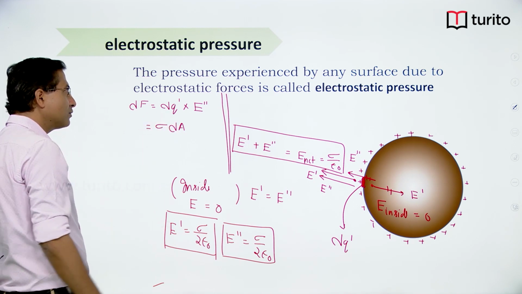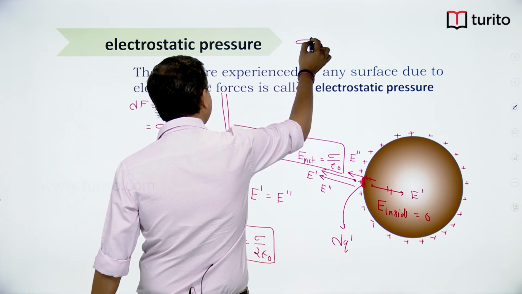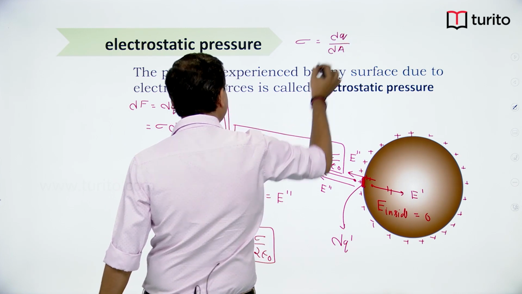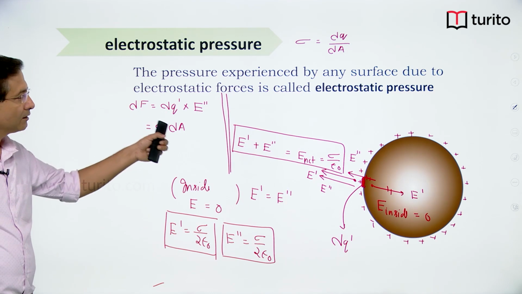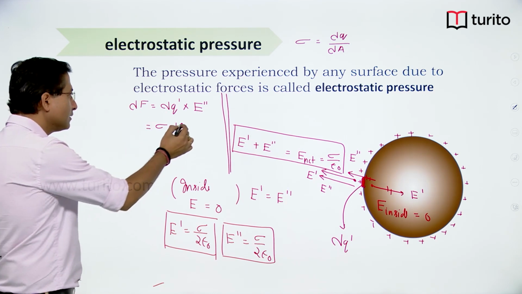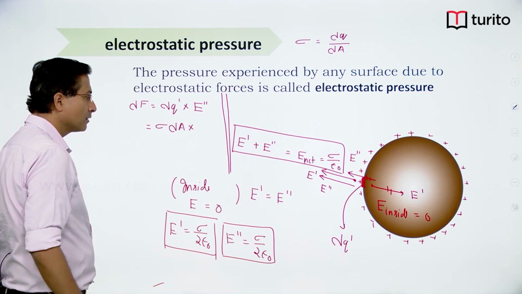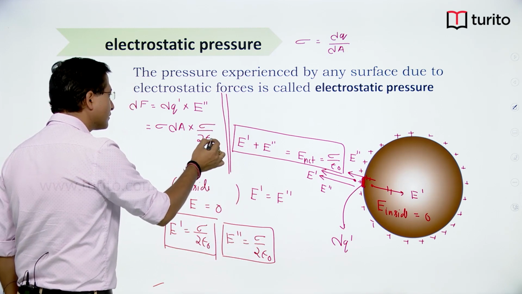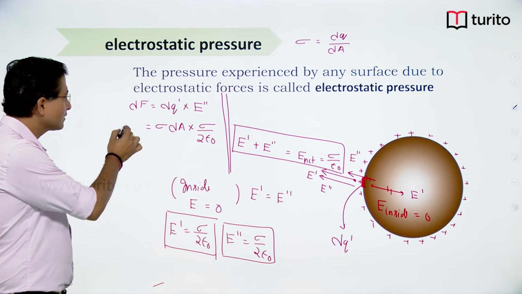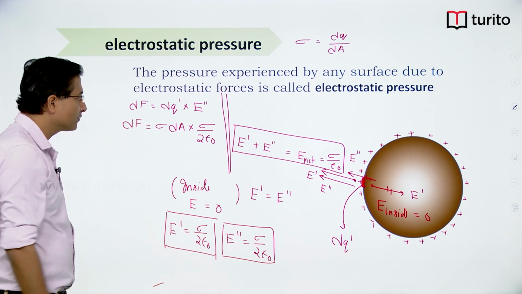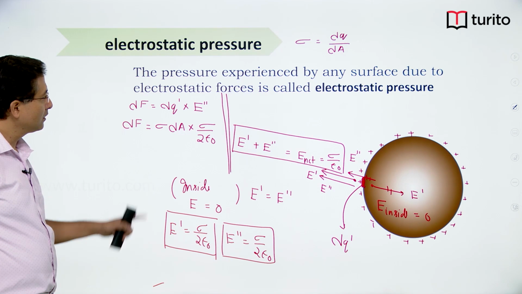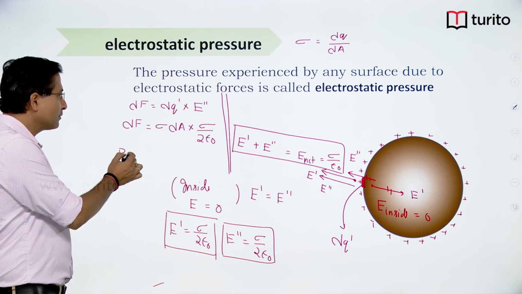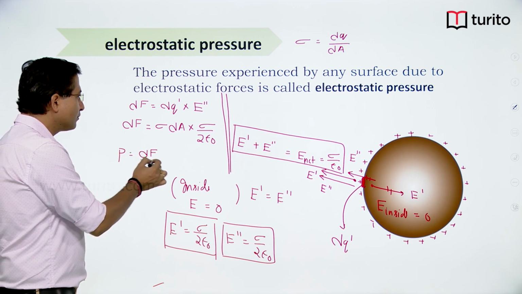So sigma is the charge per unit area, this I am using, and the field is sigma upon 2 epsilon naught. This is df. Now df by dA is pressure.